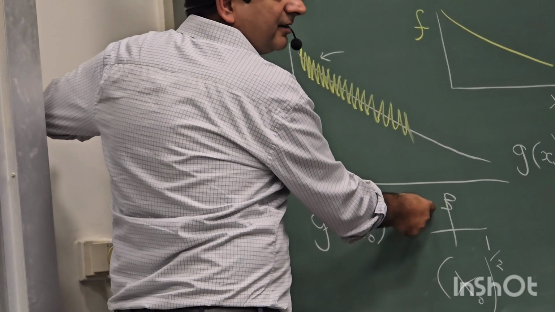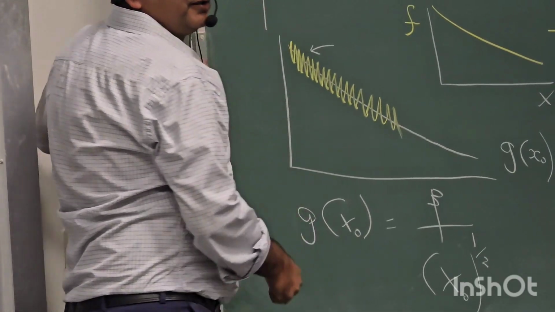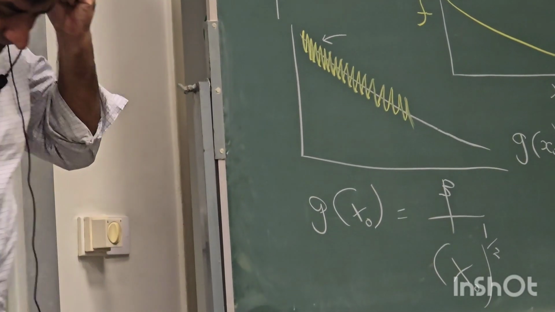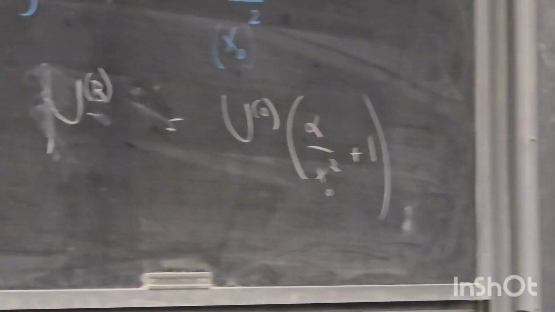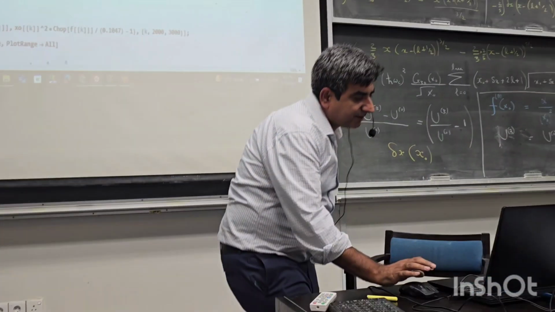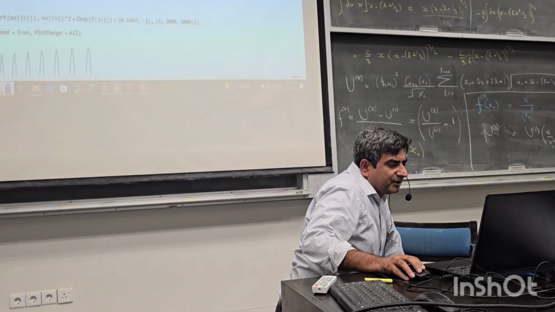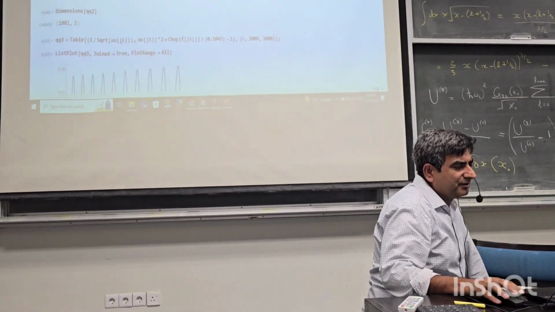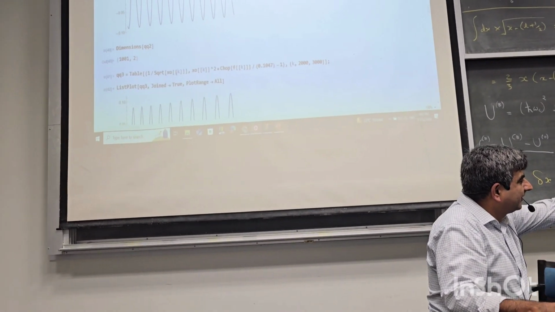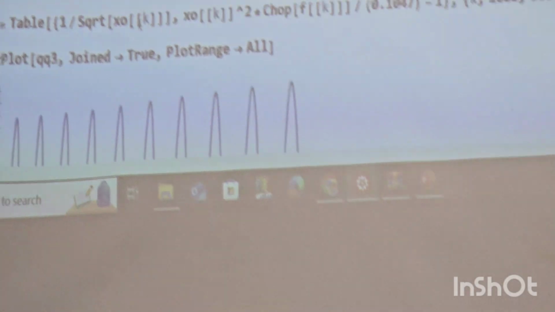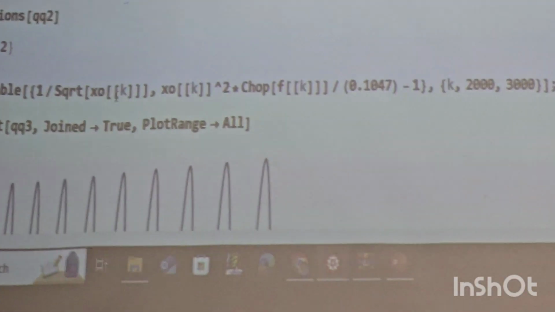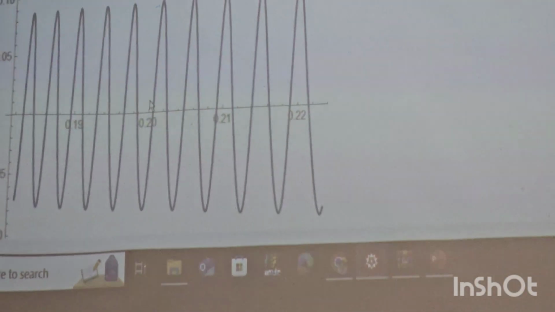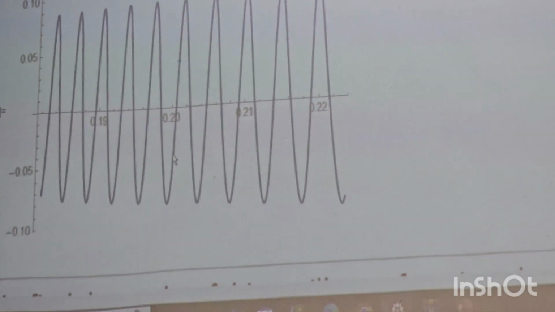And it will be linear, this will hold true. So now, therefore, I make a graph between 1 over square root of x naught and g itself. This is what I get, and I get a linear curve.